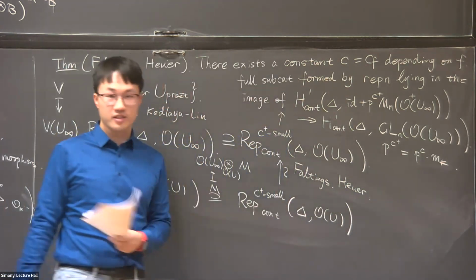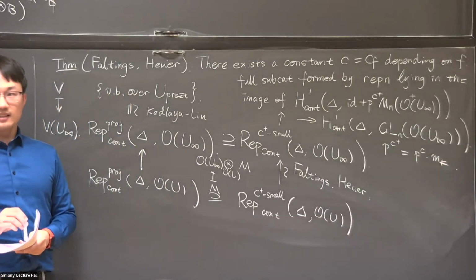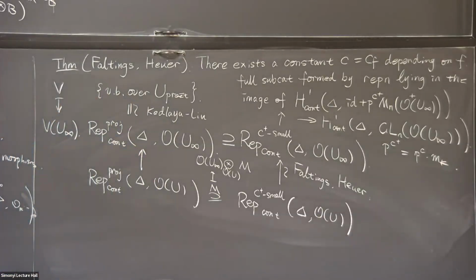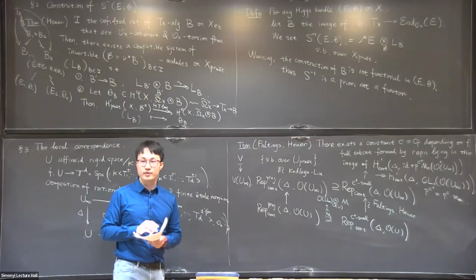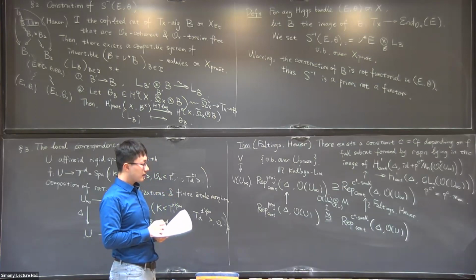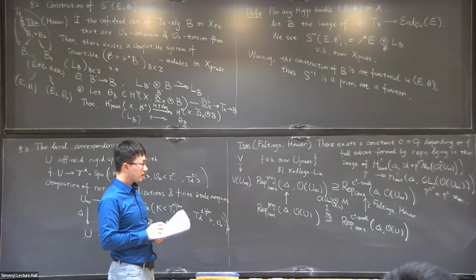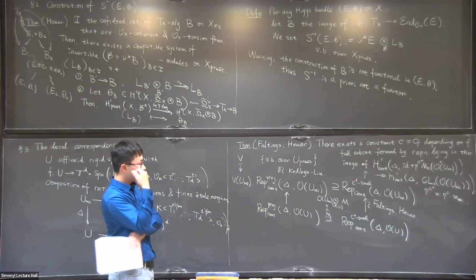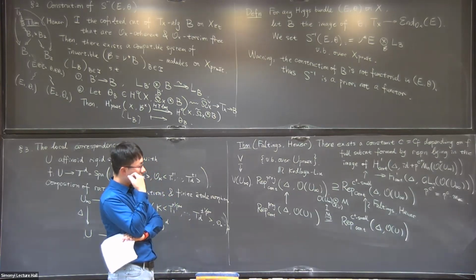Okay, any question? Sure. Is it true that the smallness condition is the same as having an O plus model such that modulo some power of p it's trivial, or is it different? Sorry, could you repeat again? Or just on the level of vector bundles, is it the same as having an O plus model such that modulo p to the power of c, or some c prime bigger than c, it becomes trivial? Yes.